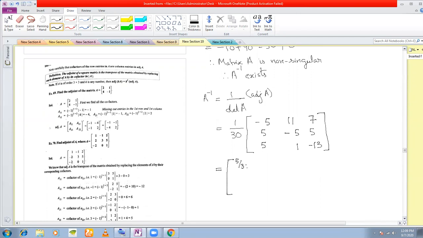You can write this as minus 5 by 30, 11 by 30, 7 by 30; 5 by 30, minus 5 by 30, 5 by 30; 5 by 30, and this is 1 by 30, sorry, plus 1 by 30.